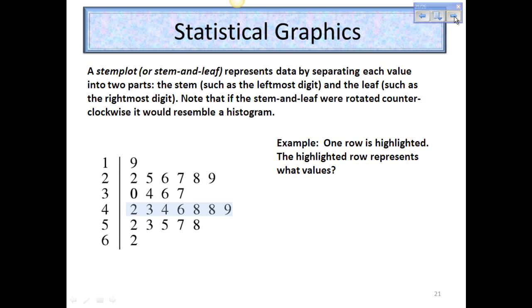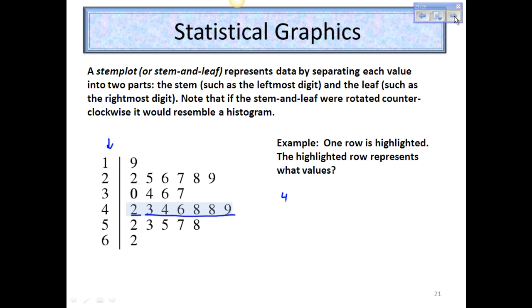So one of the rows is highlighted. The highlighted row represents what values? On the left-hand side, we have our left digit. Looking at our highlighted row, we have 4, and then each of those digits on the right-hand side represents a right-hand digit.